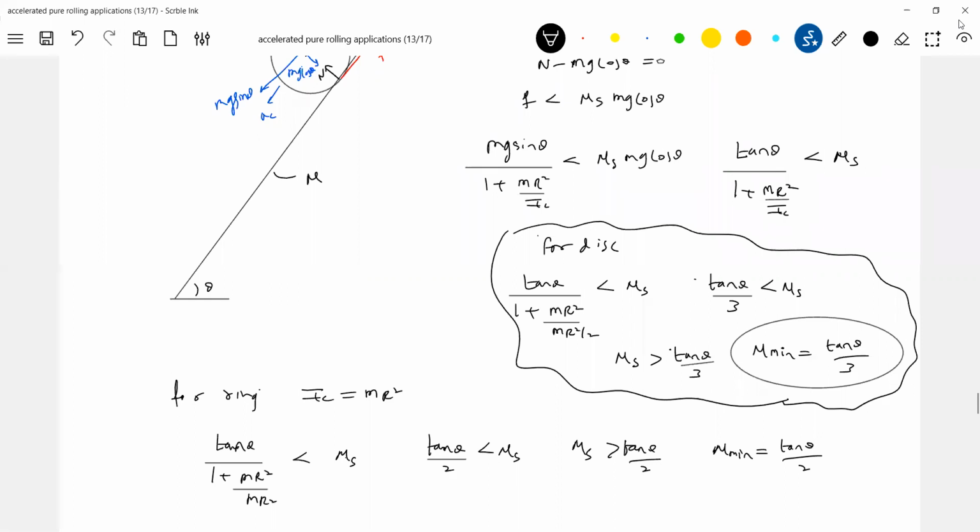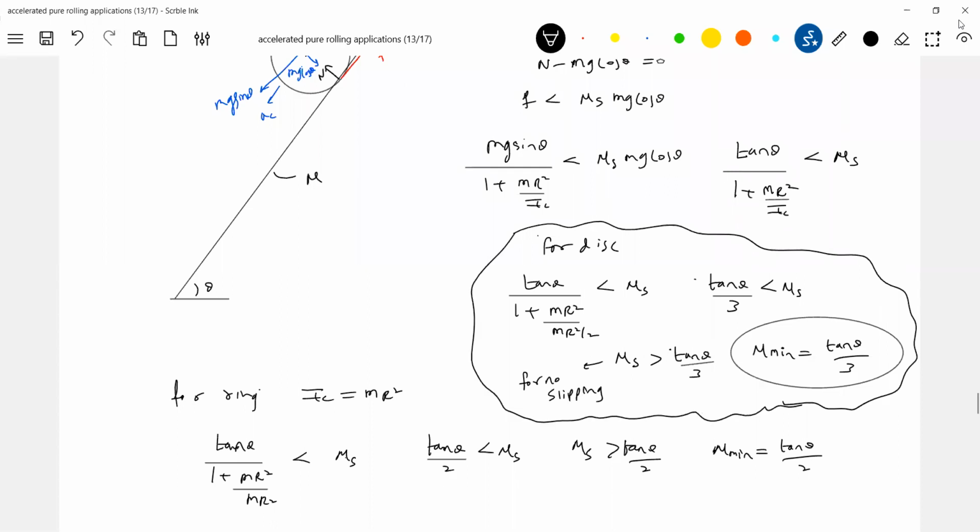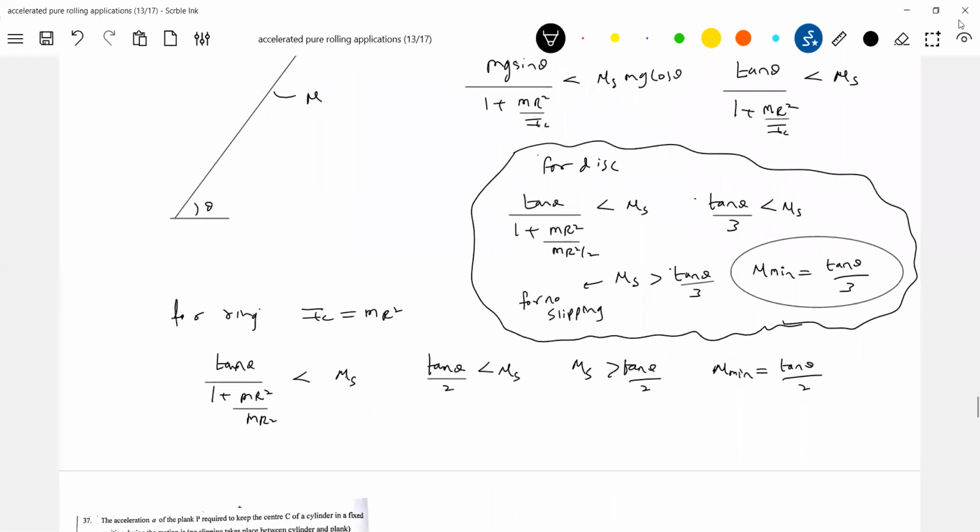A minimum coefficient of friction between the rigid body and the inclined plane is needed for no slipping. Somebody is asking, sir, why this condition for no slipping? Again, this is for no slipping.